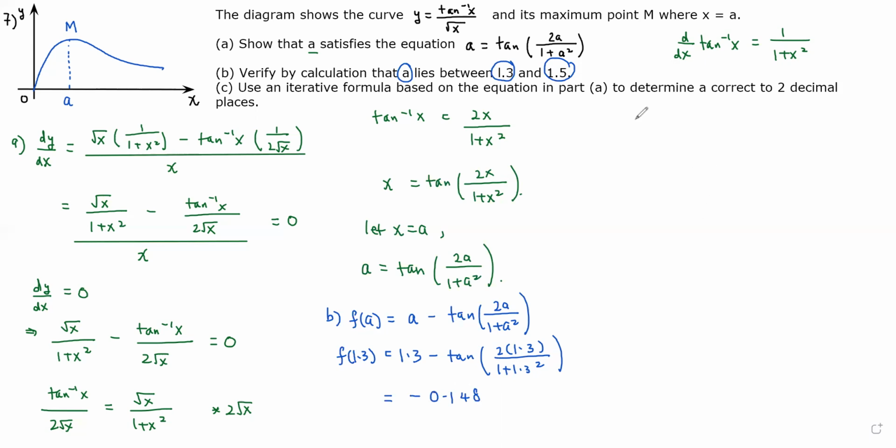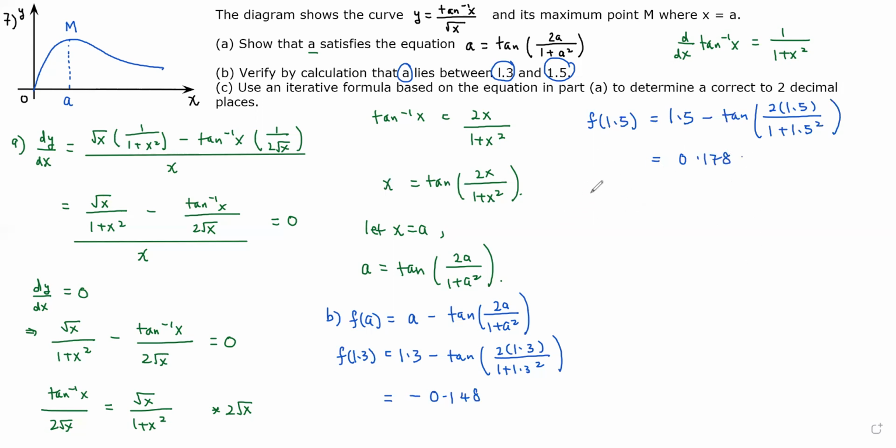This will give us a value of negative 0.148. And we find f(A) when A is 1.5. We have 1.5 minus tangent of 2 times 1.5 over 1 plus 1.5 squared. And this has a value of 0.178.